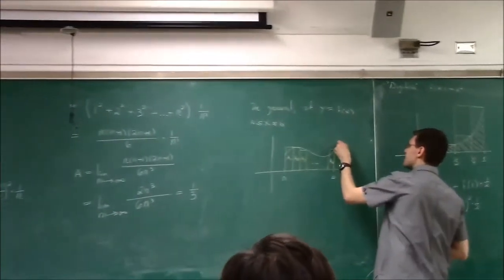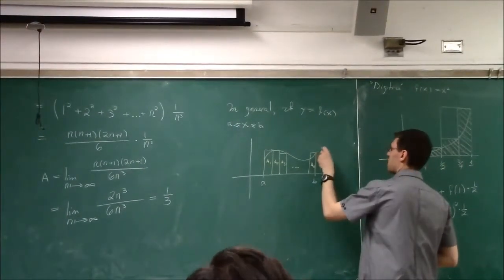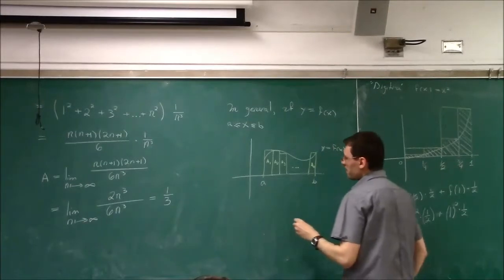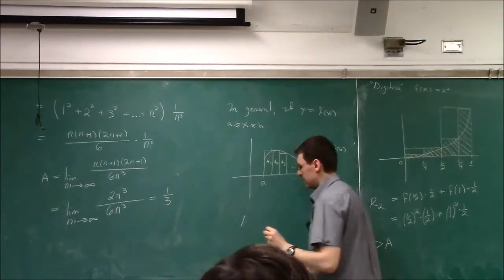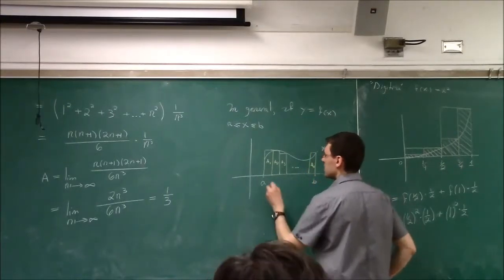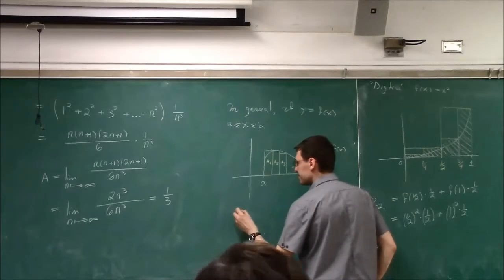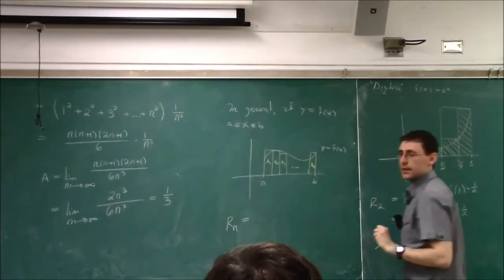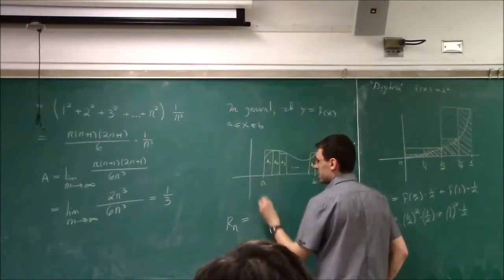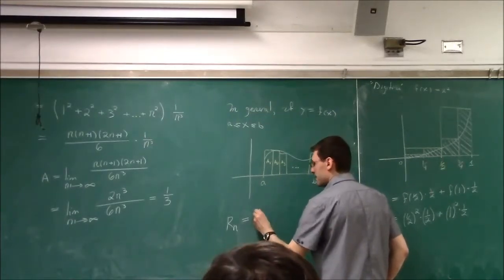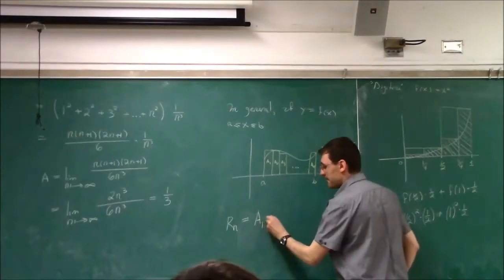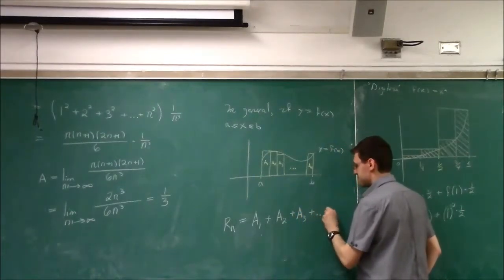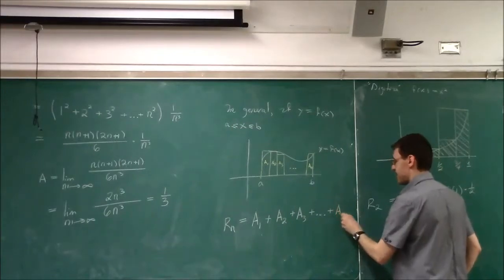Now this curve is y equals f of x. Now if I take R sub n, the approximation by n rectangles for this function, this is going to be the summation of the areas A1 plus A2 plus A3 plus ... plus A sub n.